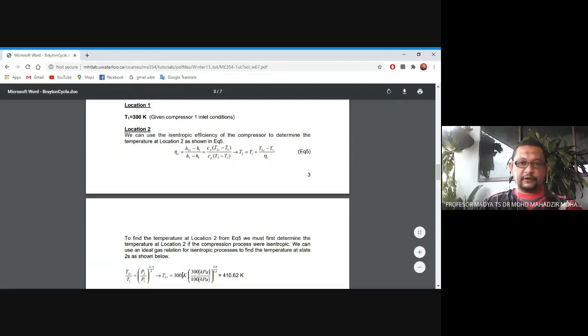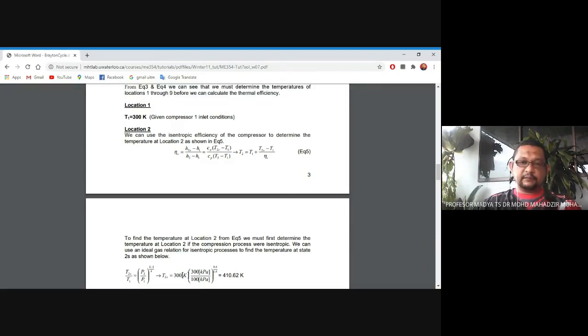But for T2, state number 2, this is where compressor number 1 takes place. Because the compressor efficiency is 80%, you have to use the efficiency of the compressor based on the formula: enthalpy ideal over enthalpy initial. Simplify the equations, then you can find T2, using all these values.